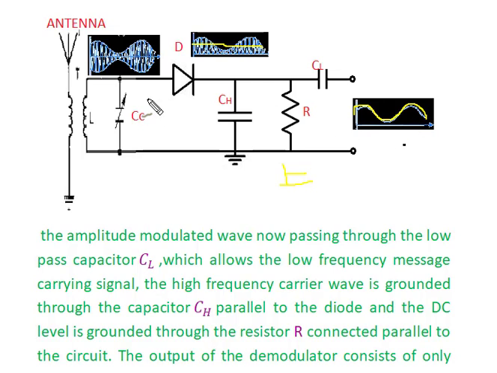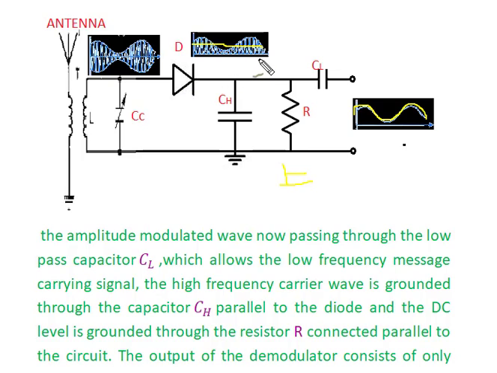So this detector is used to separate the low frequency modulating signal from the amplitude modulated wave. It receives the amplitude modulated wave corresponding to the tuning capacitor CC, and it is rectified by the diode.